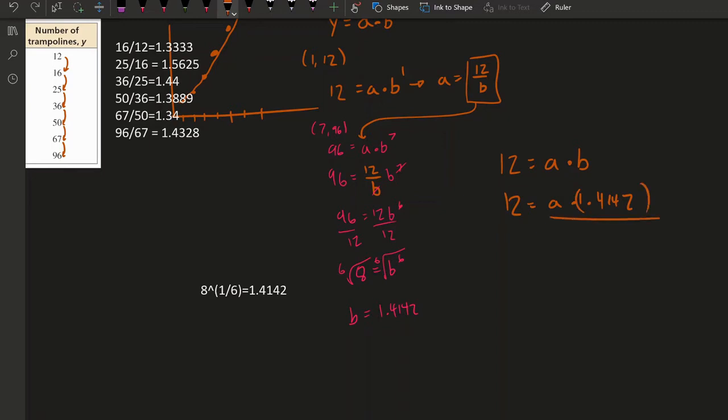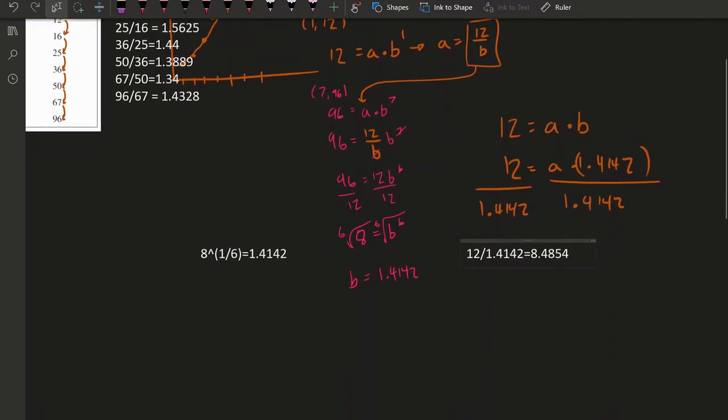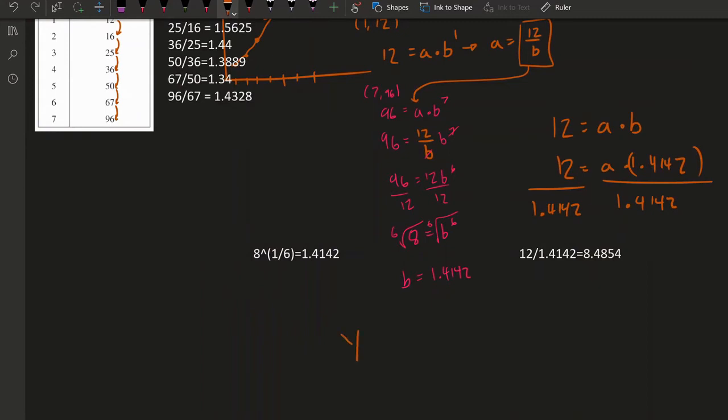And then we'll just divide both sides by 1.4142, and then use our calculator for that. 12 divided by 1.4142 is equal to 8.4854. So my answer to this one is going to be, the equation is y is equal to 8.4854 times 1.4142 to the x power.